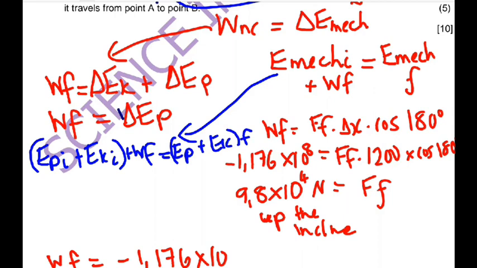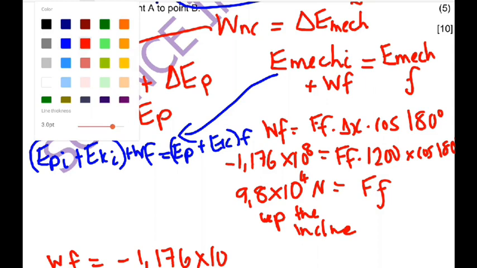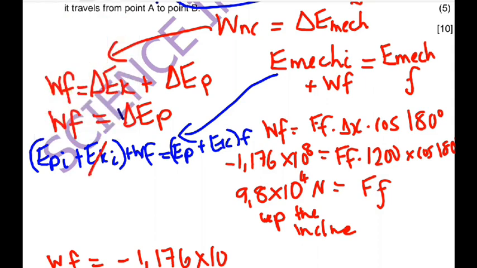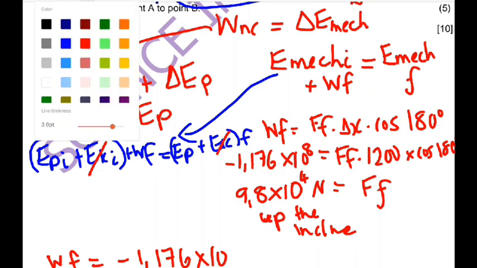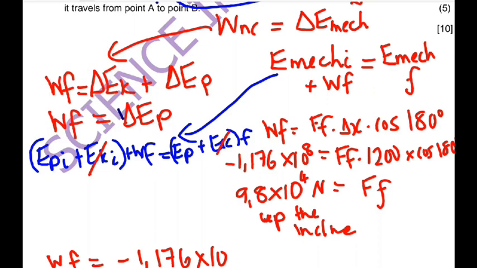Now, since the EK initial and the EK final are the same, we can actually subtract them from this equation. We've got the same quantity here. So the EK initial and the EK final can disappear. Then we are left with the EP initial and the EP final. All right.